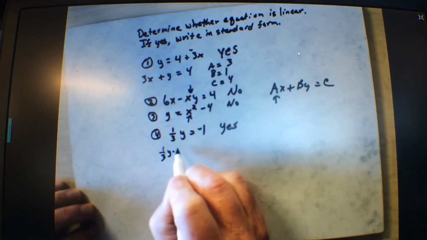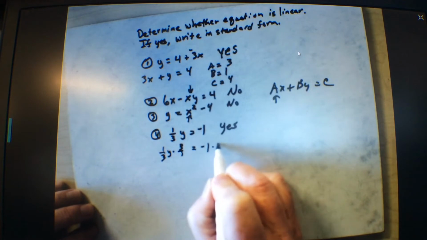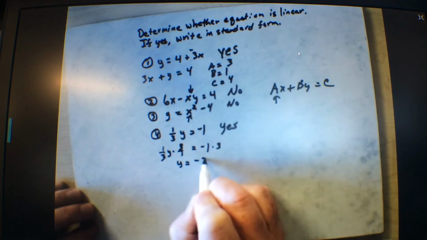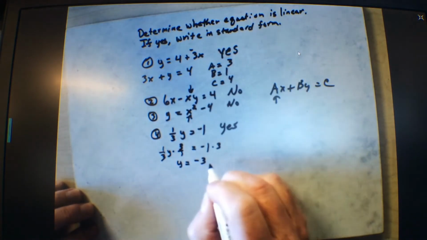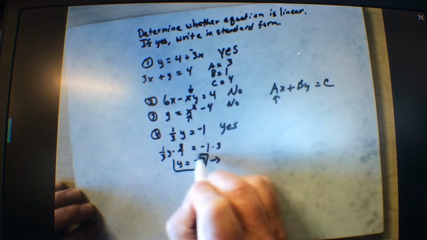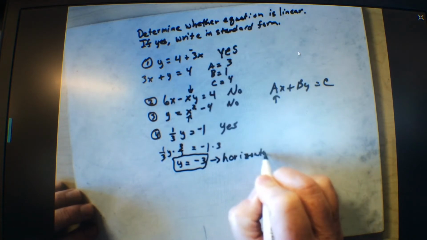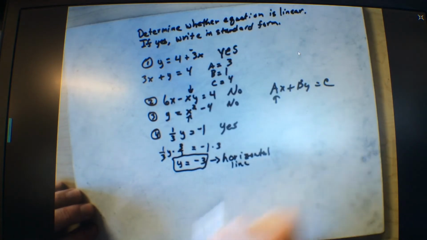That means we multiply both sides by 3. So I get y equals negative 3. This is one of your two nemeses, the ones that cause problems. This is a horizontal line.